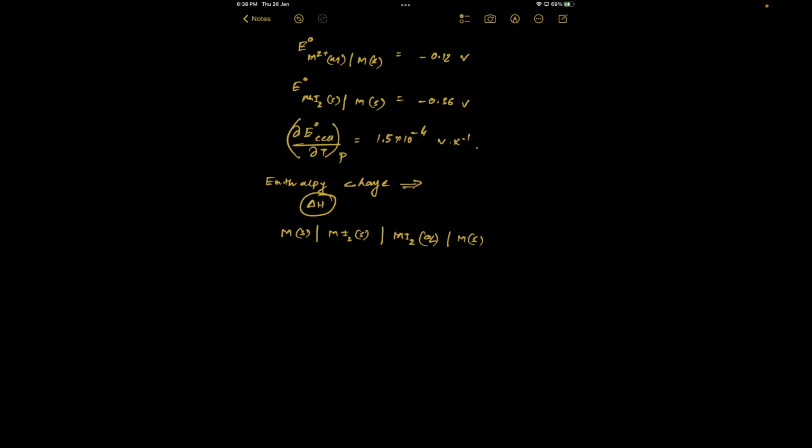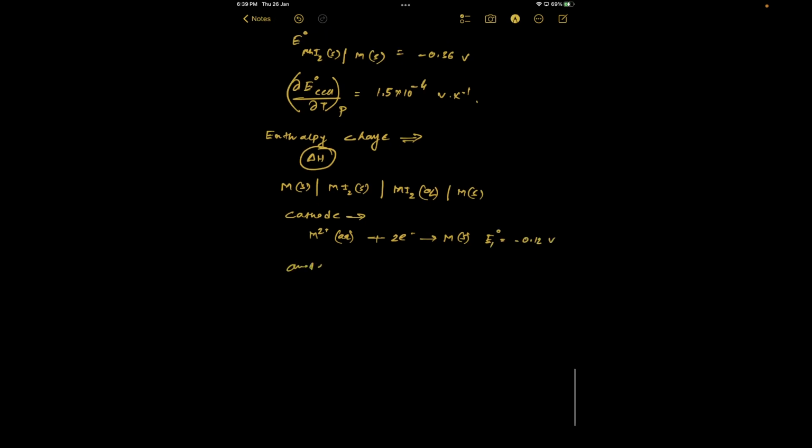So basically the cathode reaction is M2 plus aqueous plus 2 electron, then M solid, right? This is the cathode reaction, and let's say E10 is given, minus 0.12 volt.